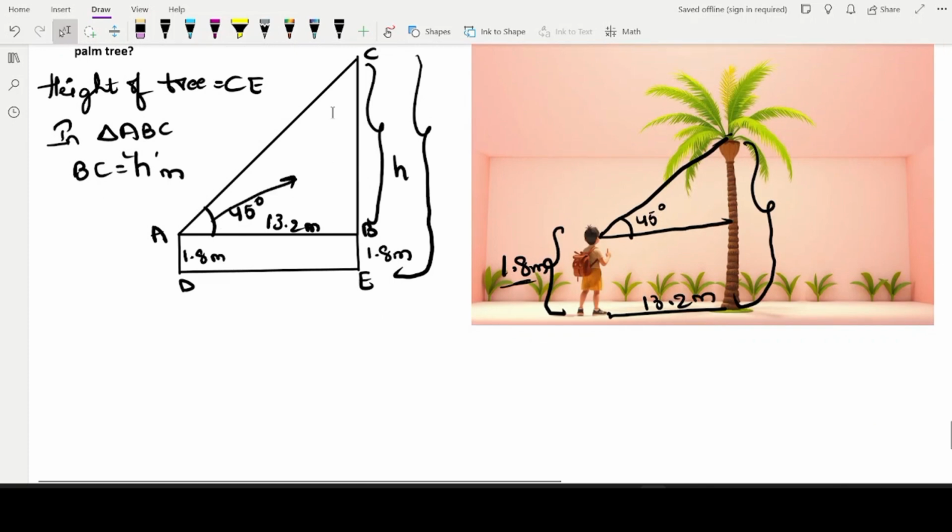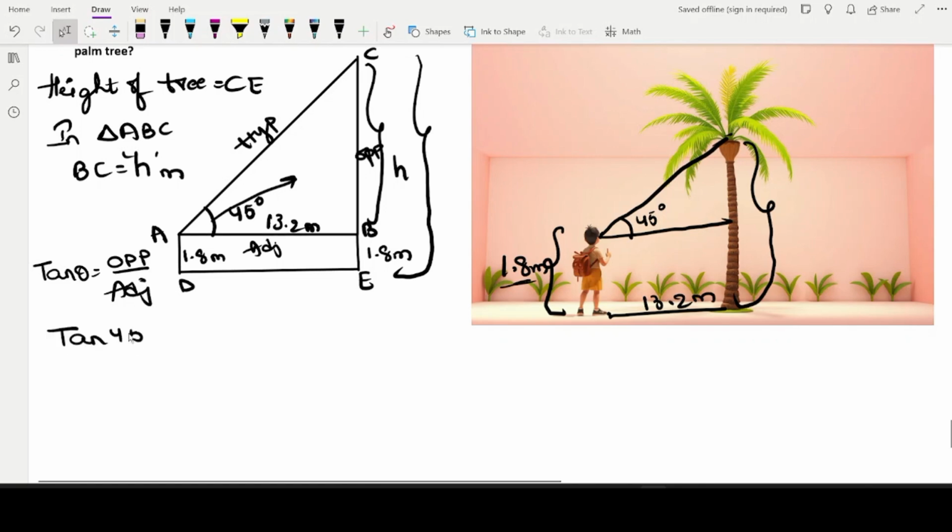The side which is opposite to the angle becomes the opposite side. This is the adjacent side, and the slant part is the hypotenuse. So the ratio that combines both the opposite side and the adjacent side is tan theta. So tan theta equals the opposite side divided by the adjacent side.